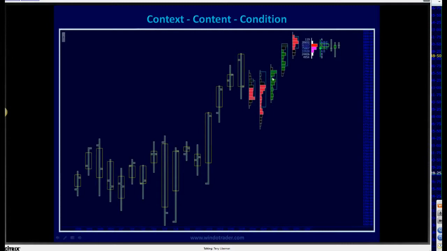Now in this illustration, what we've done is put three different what we call session objects on the screen. These three different session objects are a day session configured with the profile, volume at price for the entire session, a histogram based on just the value but showing us where the volume is by the coloring.